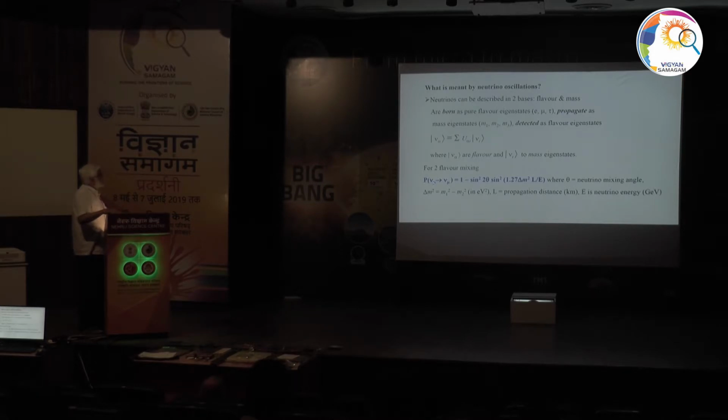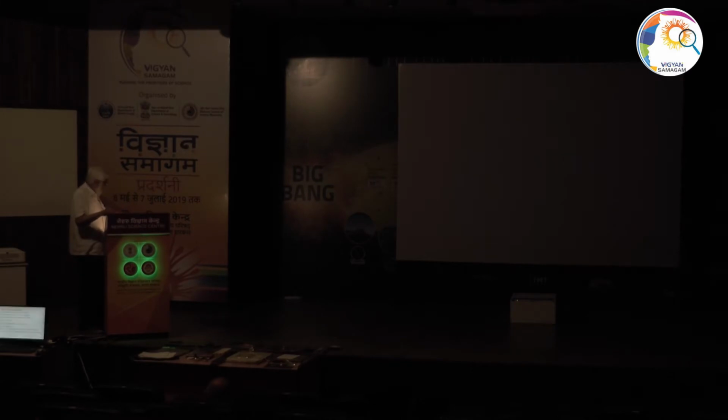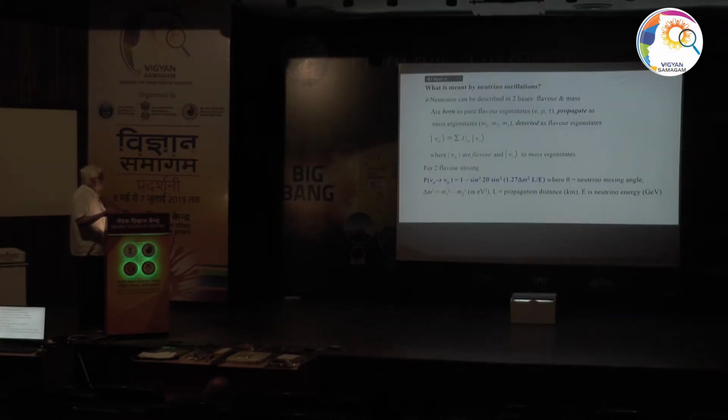The probability that a muon type of neutrino remains a muon type of neutrino, that means a disappearance measurement, goes like 1 minus sine squared 2 theta times sine squared of another quantity, which depends on the length that it travels and on the energy of that neutrino.